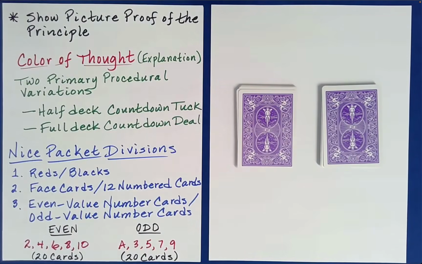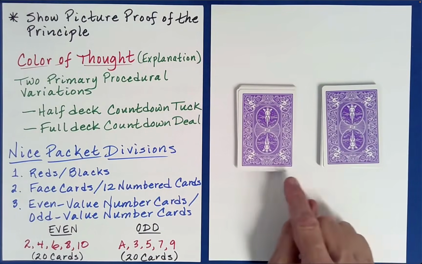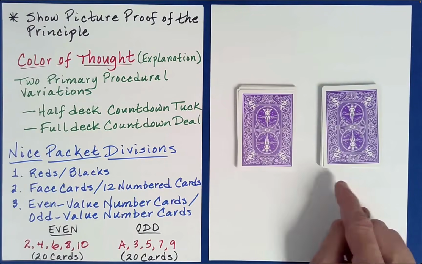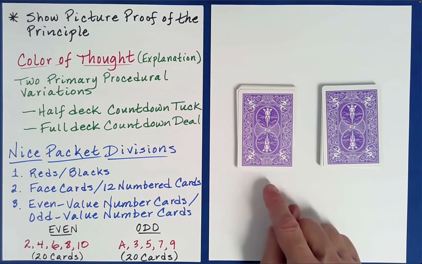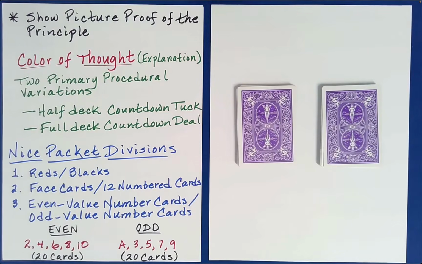Now, let's go ahead and explain that. That doesn't fully explain what we just did with the color of thought. It truly is the engine driving it, but you would have to connect some dots still to be able to show that that little principle is behind this effect that we have just demonstrated. Okay?